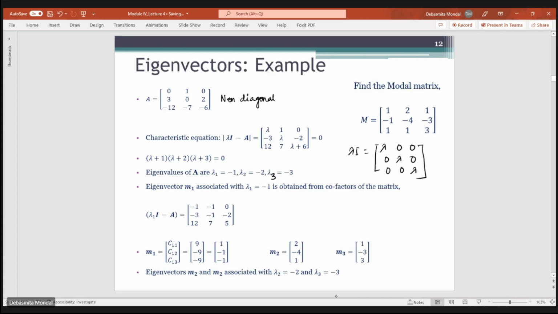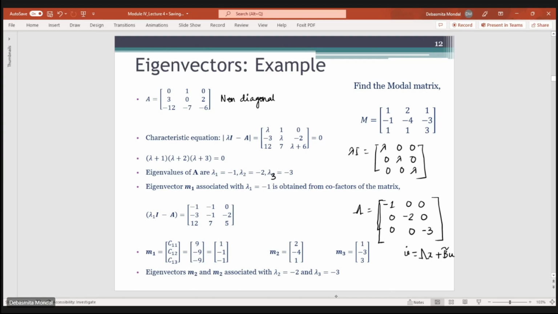So we have found the values of lambda. The modified matrix will be lambda 1, 0, 0; then 0, lambda 2 which is minus 2, 0; then 0, 0, and minus 3. So this will be the modified state matrix in diagonal form. The form was V dot equals lambda x plus B bar into U.